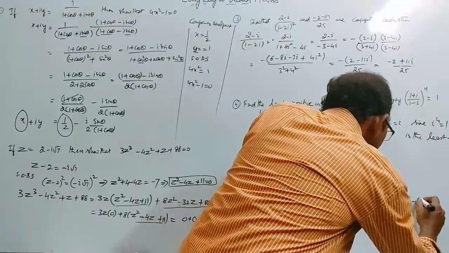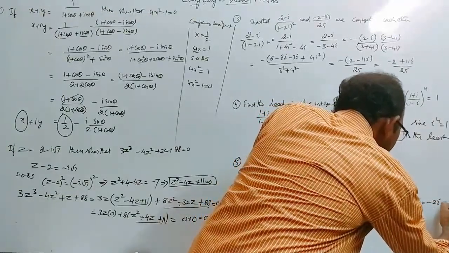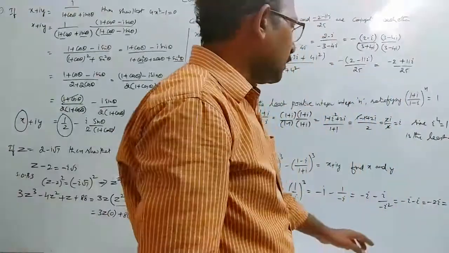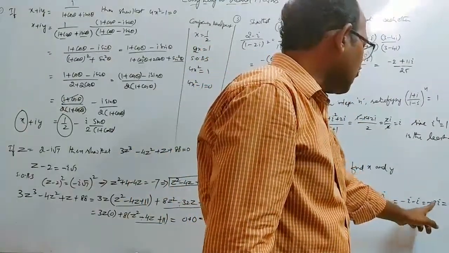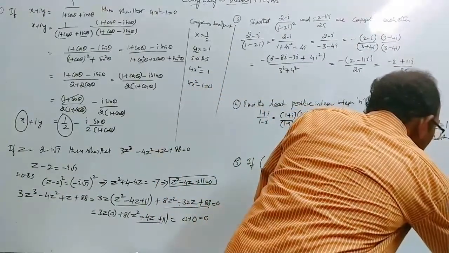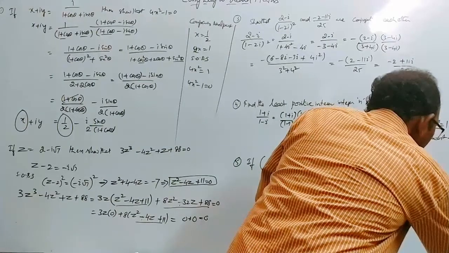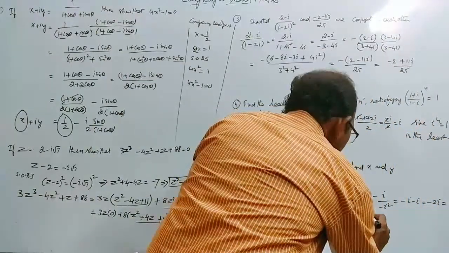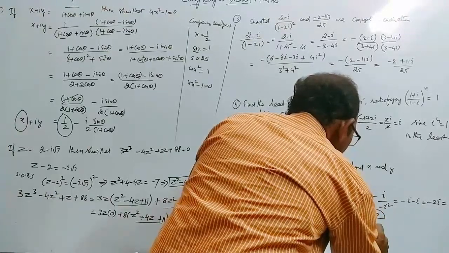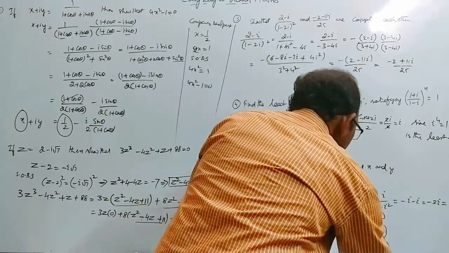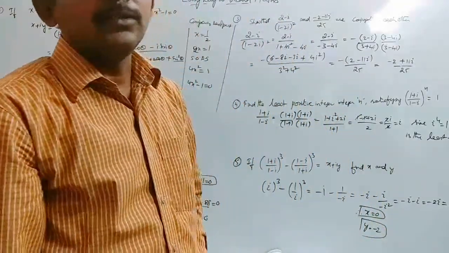Minus i, that is equal to minus 2i, which can be written as 0 minus 2i. Then because there is no real part, comparing this with x plus iy, the real part is 0 and the imaginary part is minus 2. Therefore x is equal to 0 and y is equal to minus 2.